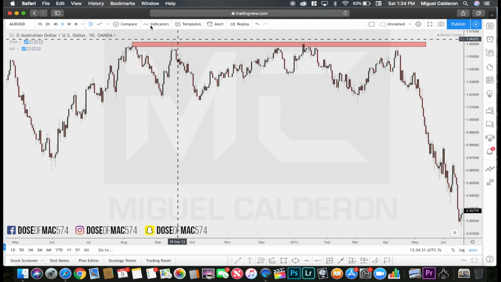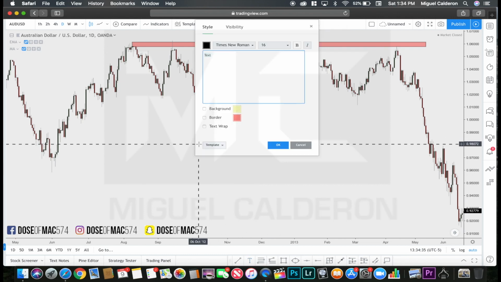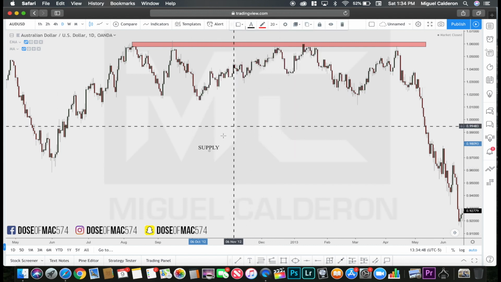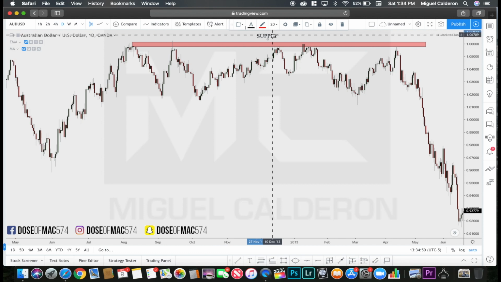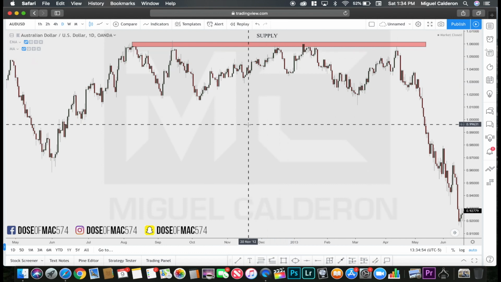This is what you call a supply zone. It's super powerful when you're able to identify these zones, because it gives you an extra confirmation. That's the big thing about trading: you want to have multiple confirmations, because the more confirmations, the stronger your setup's going to be, and the less stressful it's going to be to take and manage as well.